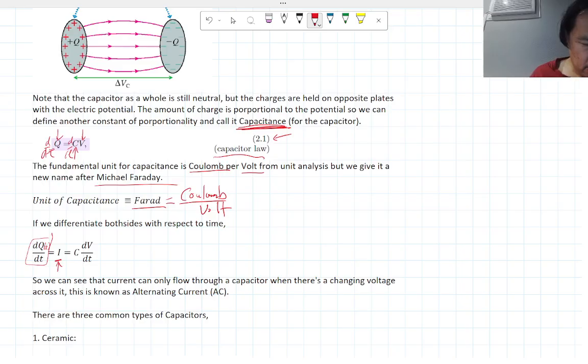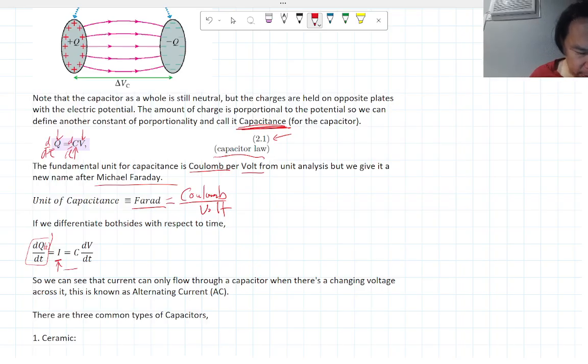On the right hand side, the capacitance is a constant, it doesn't change with time. So the derivative goes through that and hits the voltage. And if we have alternating current, then the voltage will change with time. Therefore, we have the derivative of voltage with respect to time.